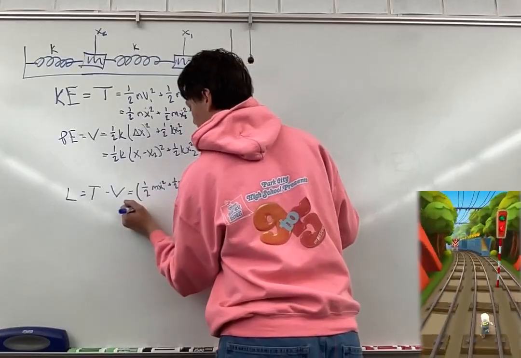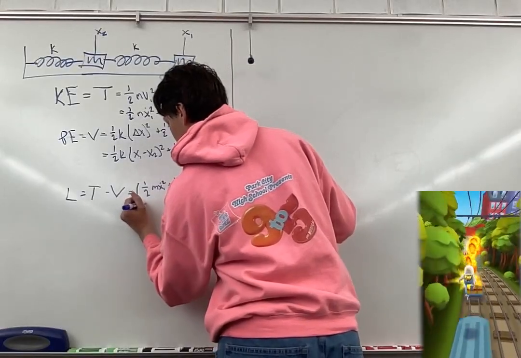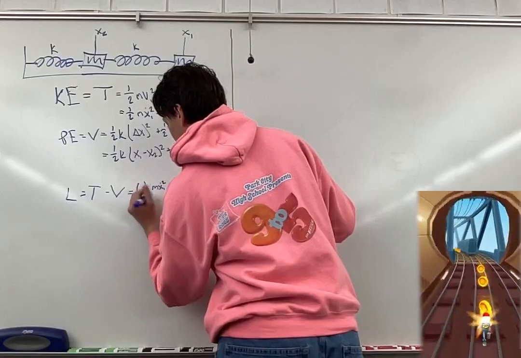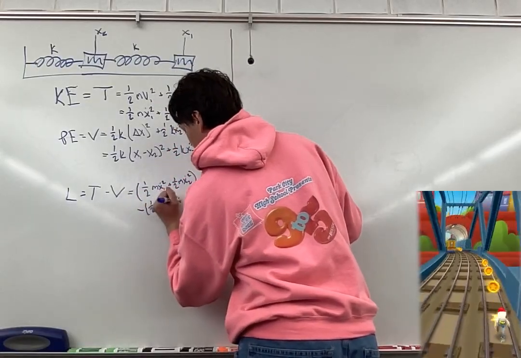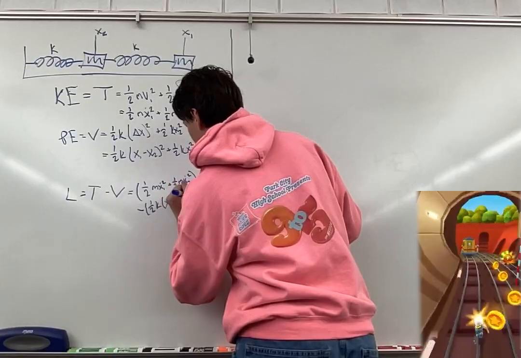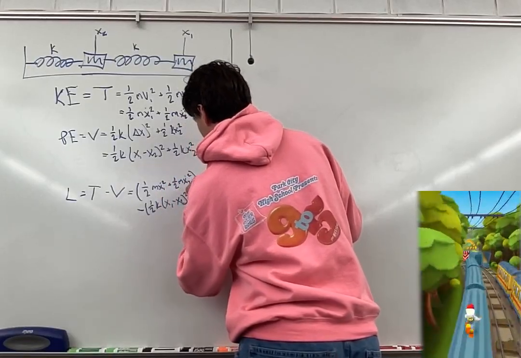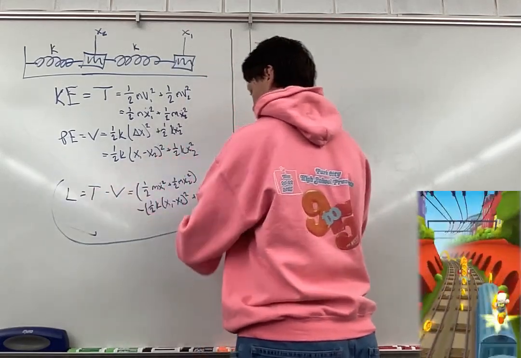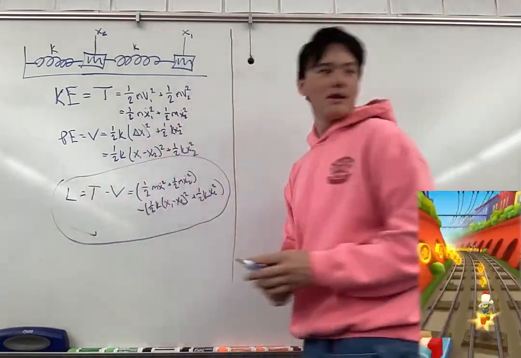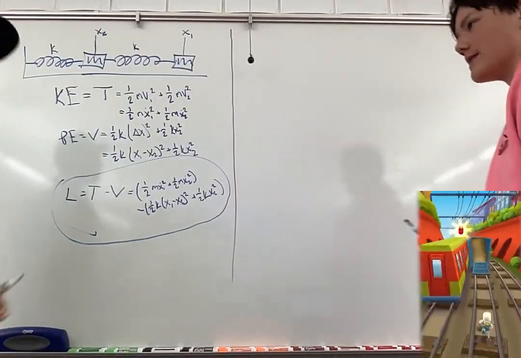Oh shoot, minus, down here, minus 1/2 k x1 minus x2 squared plus 1/2 k x2 squared. So that's our Lagrangian. Now I'll pass it off to Henry for the derivatives.